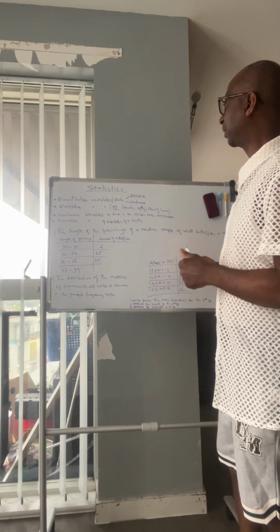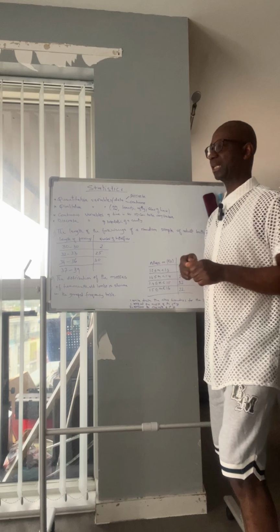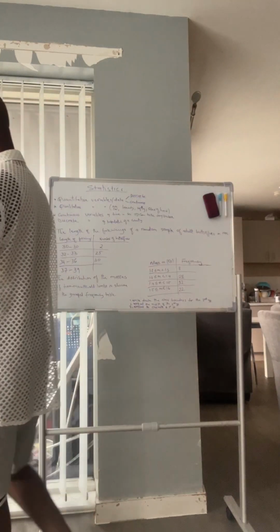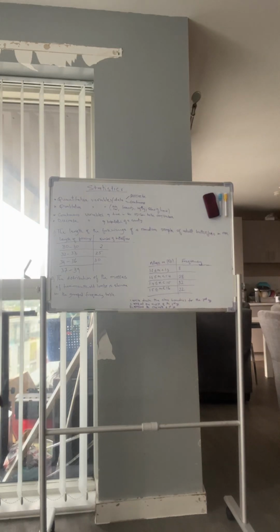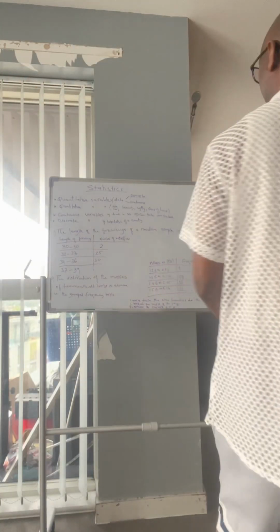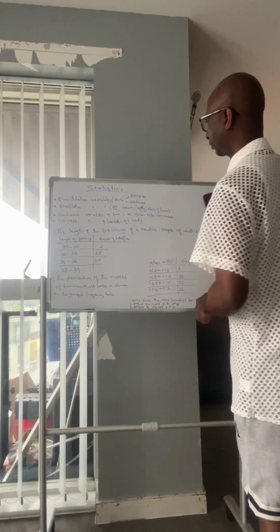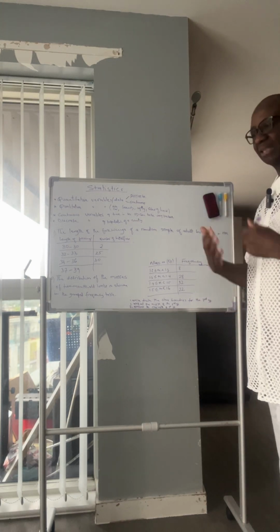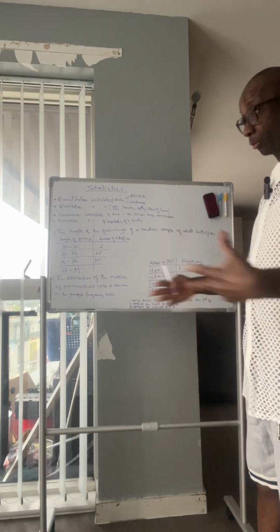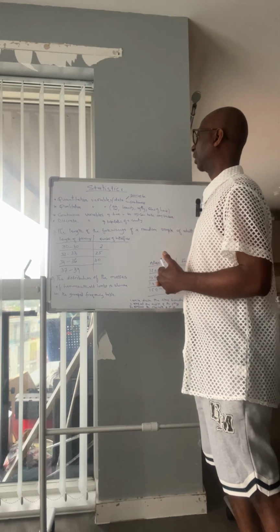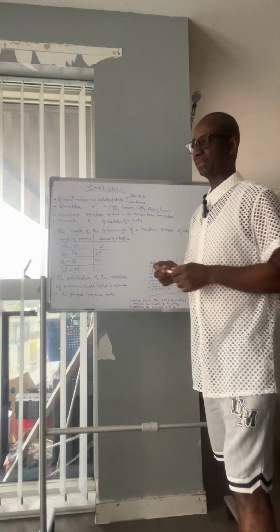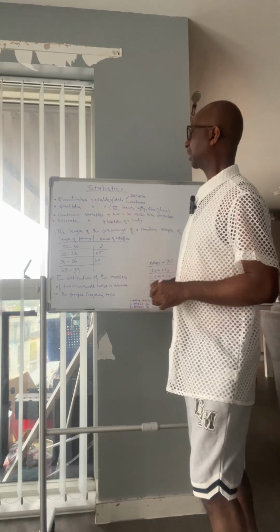But quantitative variable simply means these are variables that have something to do with numbers. They are countable. You can assign a number to them: 1, 2, 3, 4, 5, or 2.5, something that is related to a number. You are able to assign a number to a quantitative variable or quantitative data.